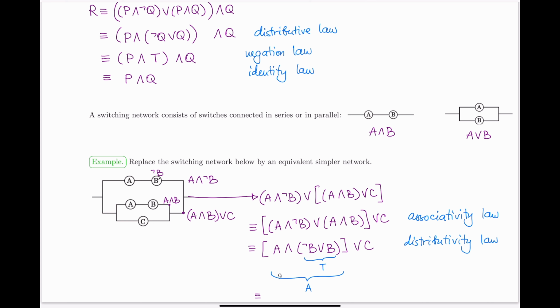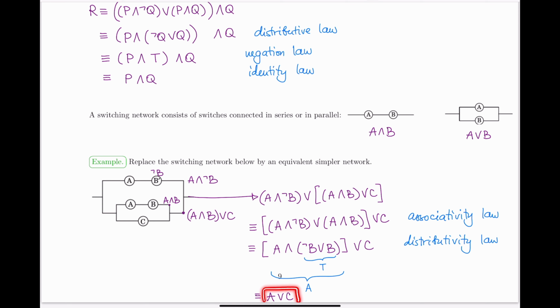Let me write this here. A, and then of course this or C that we haven't touched. Since A and C are actual switches, there's nothing else I can do in order to simplify that. So this is going to be as simple as this network is going to get.